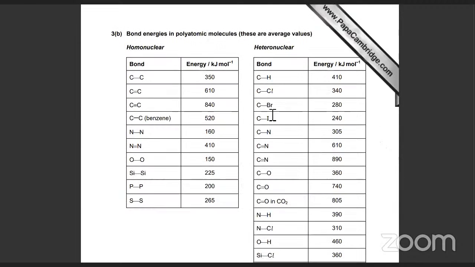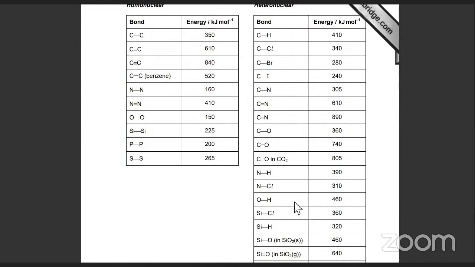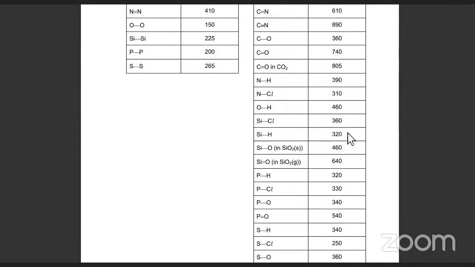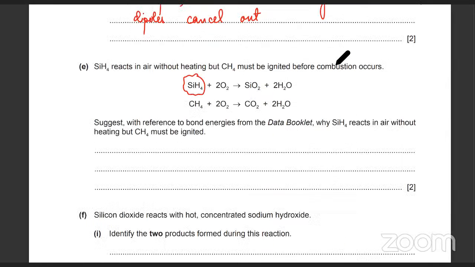So C-H is 410. That's kind of on the higher side. If you look at Si-H, that's 320. So the bond energy of Si-H is lesser, 320 kilojoules per mole. And C-H is kind of a stronger bond, 410 kilojoules per mole.